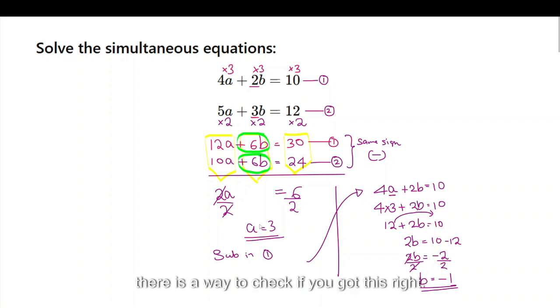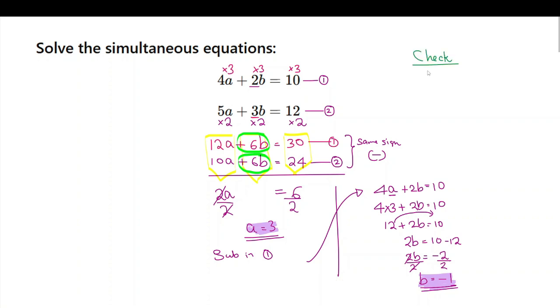Now, there's a way to check if you got this right. This is all the question is really asking you to do, to find the values of a and b. Here's how you check this. Let's substitute in the second equation. Do not use the one that you already used. Use the other one. 5a plus 3b is equal to 12.